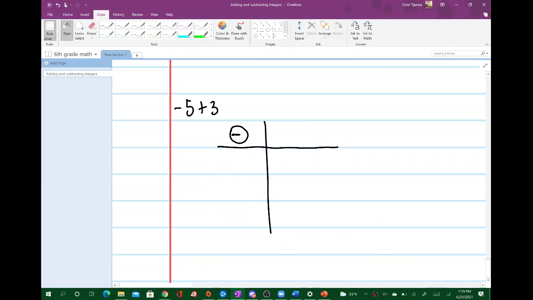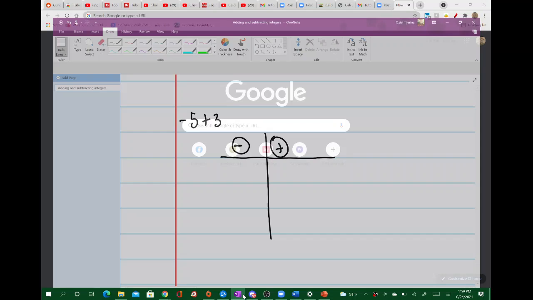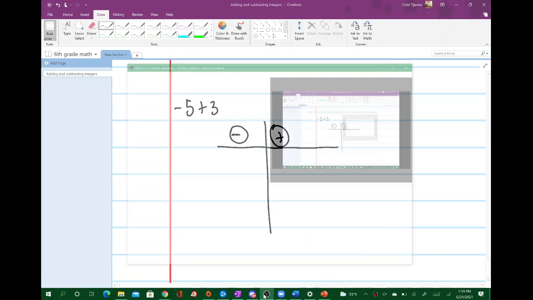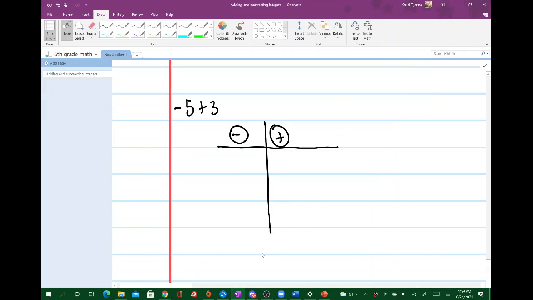Okay, so let's look at this example, right? This one says, so we have -5 plus 3, right? And we say, okay, how many negatives do we have?